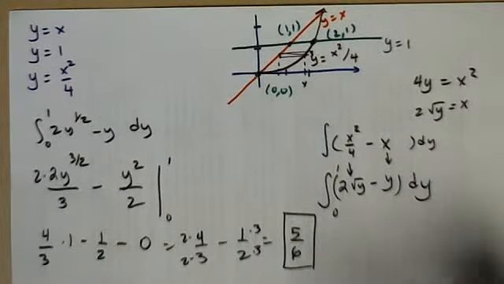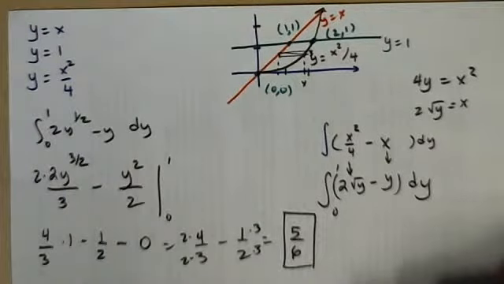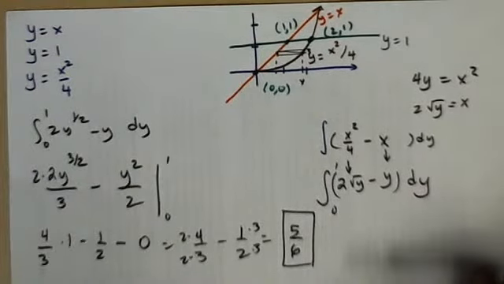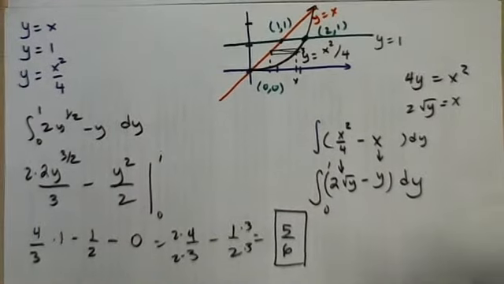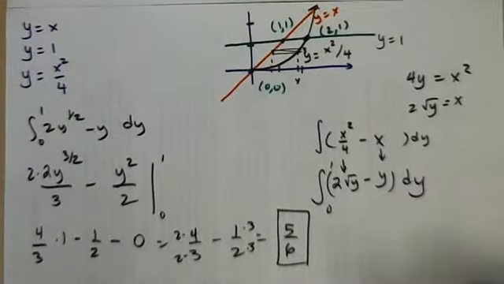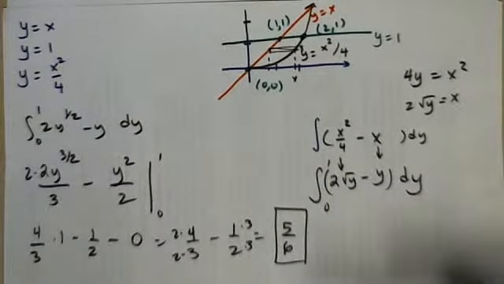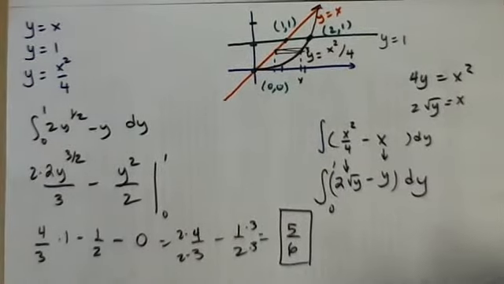Just for grins, since I've got a couple of minutes, let's make sure we would get that same number. I'm tempting fate here. Let's do vertical rectangles, break it apart, and make sure we get that same answer.